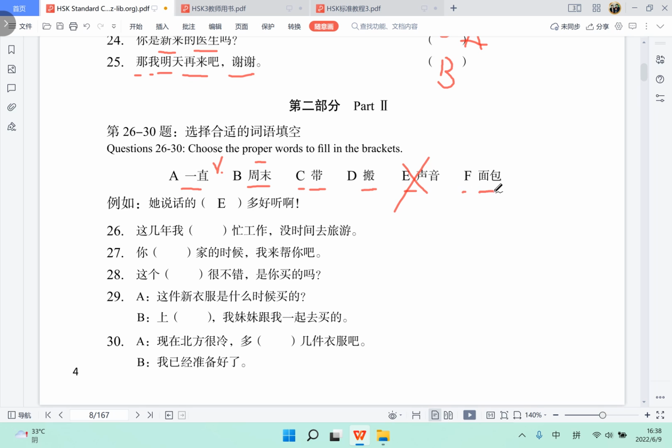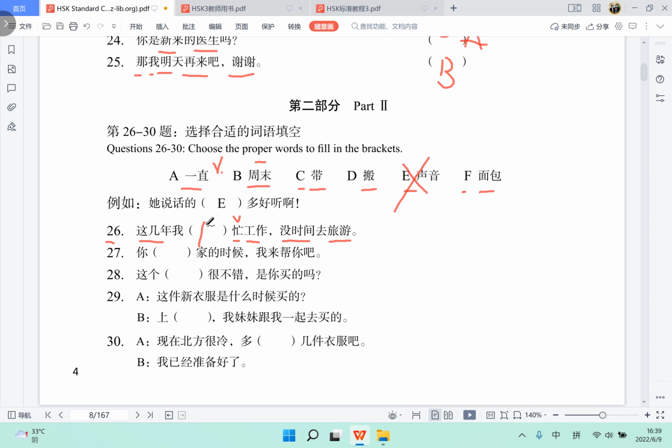F 面包 bread, something to eat. And 26 这几年我什么什么忙工作，没时间去旅游。So these several years, 我什么什么忙工作，so busy for work，没时间去旅游，so no time to travel. So always, right, busy. This is a verb, right?